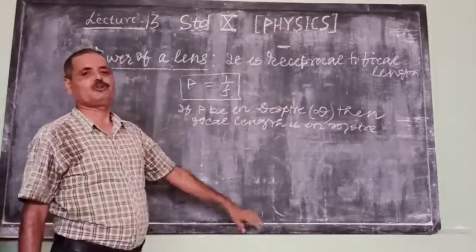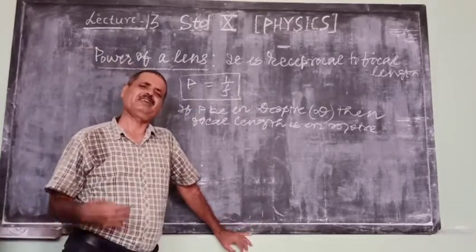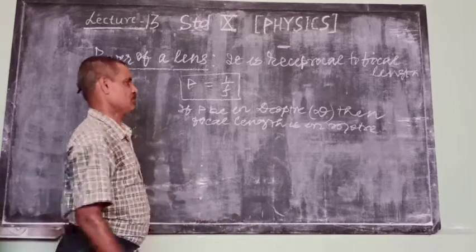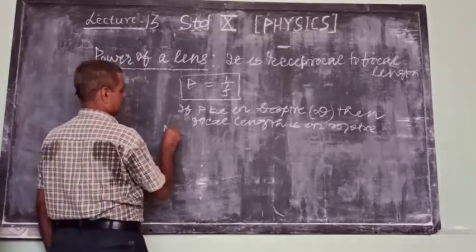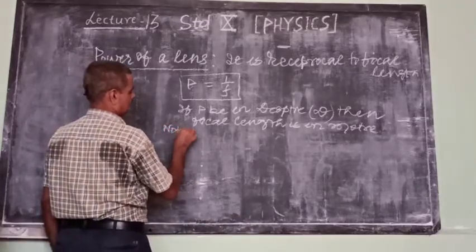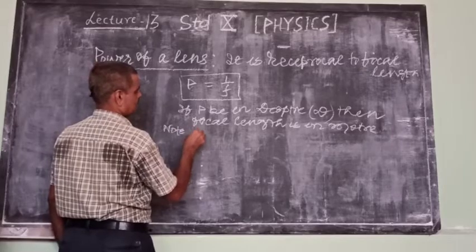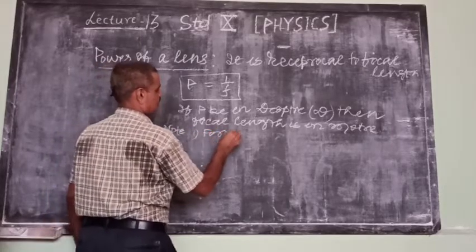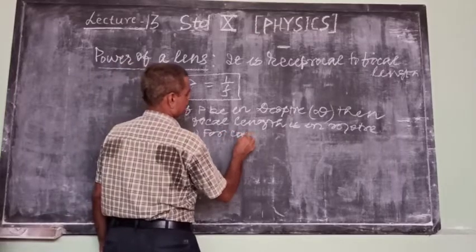We can easily calculate the power of any lens. Two types of problems can be solved. Note. Number 1, for a concave lens.